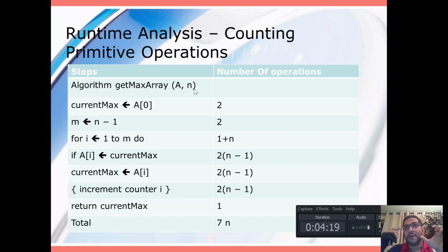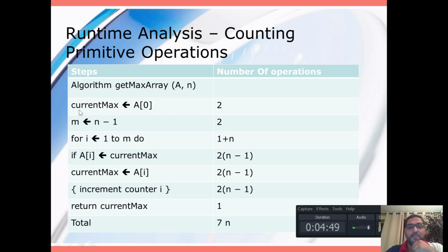I take the initial value of the array, like array of 0, and give it to a temp variable called current max, and then every time I scan the array, I compare this value against the value that I have in my hand. If it is greater, then I switch. If it is not, then I continue. So this is basically what this algorithm is doing.